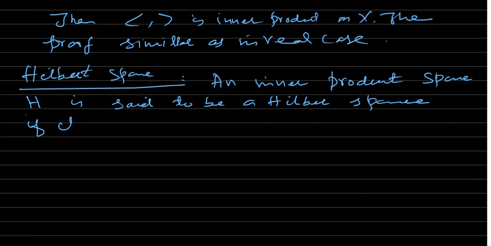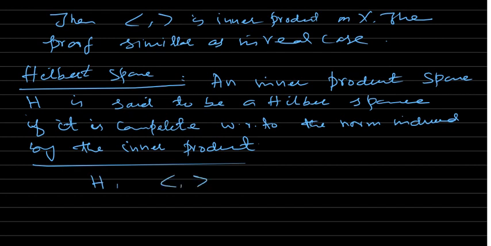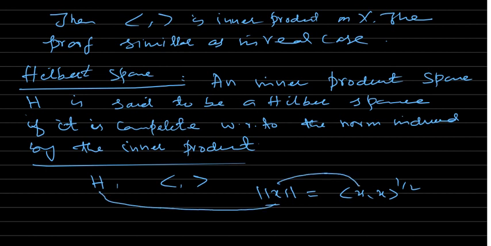So if it is complete with respect to the norm induced by the inner product. It means H is an inner product space, and this is the inner product on it. If this H is complete with respect to this norm, if you define this norm on it, it's a normed linear space. If this normed linear space is complete with respect to this norm, then this inner product space will be called a Hilbert space. Okay, so in other words we call it a complete inner product space, or Hilbert space.